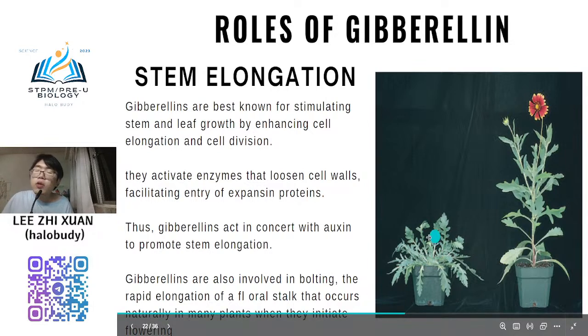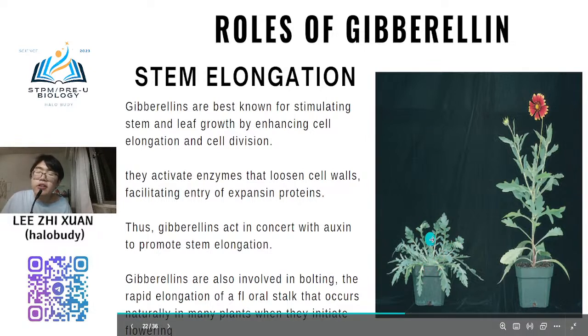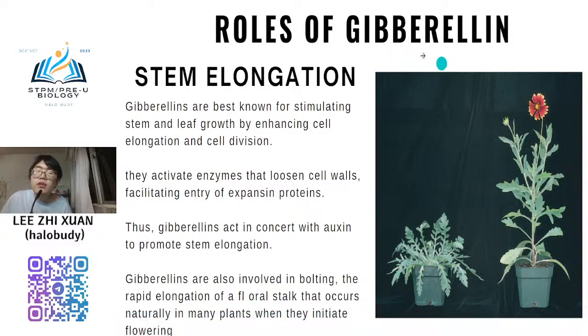If the plant only contains auxin and does not have gibberellin, the plant still grows, but only the leaf can grow, and the height of the plant cannot be increased because there is no gibberellin. But if you have gibberellin, it will induce the growth of the stem so that the height of the plant can be increased, because the stem is elongated by gibberellin.